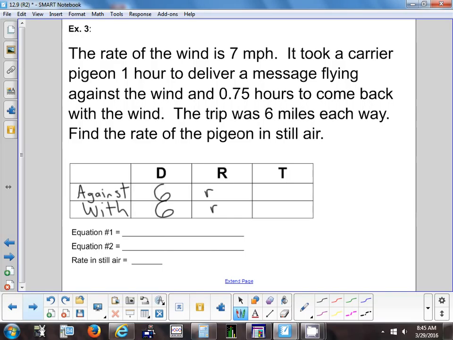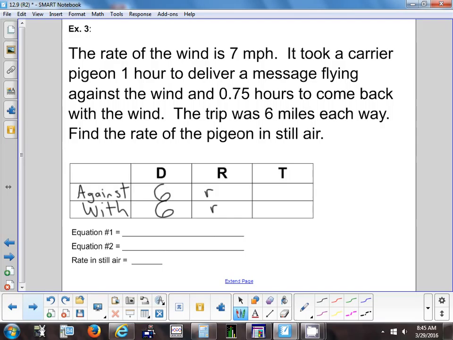But we can use this rate of 7 miles an hour in our column. If it's going against the wind, what's that going to do to the rate of the pigeon itself? Not the rate of the wind. The rate of the wind is staying constant. It's 7 miles an hour. But we're trying to find how fast the pigeon's flying, not how hard the wind is blowing.